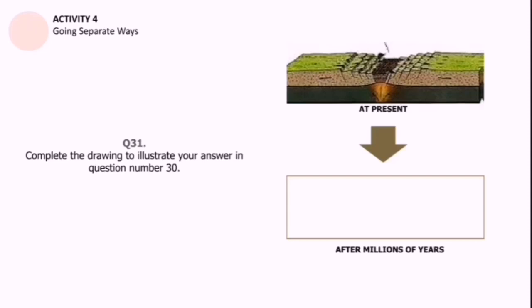Now, through a drawing, I would like you to predict, after millions of years, what is going to be the description through drawing of that photo. Ano na kaya magiging itsura niyan after millions of years? Just take your time in drawing it. You may pause this video.